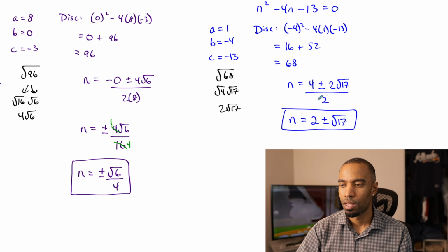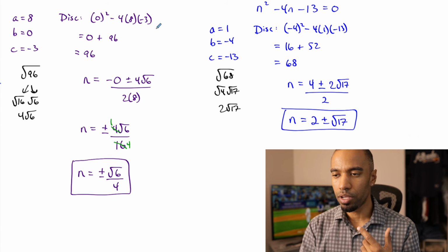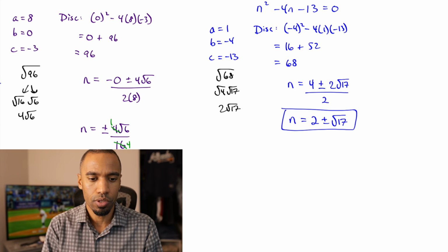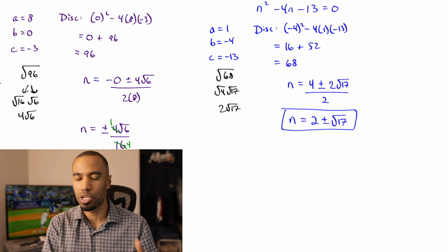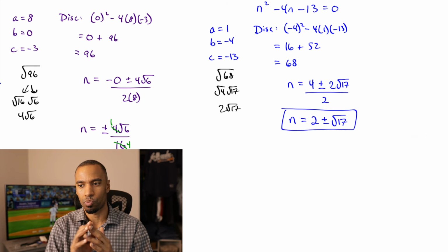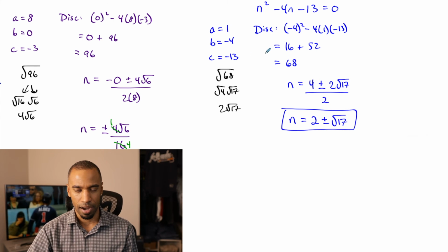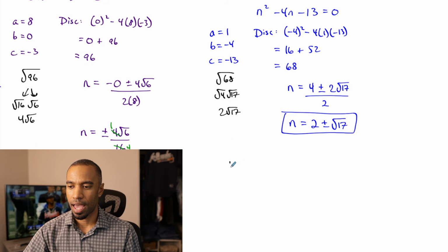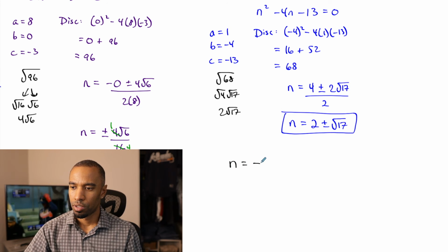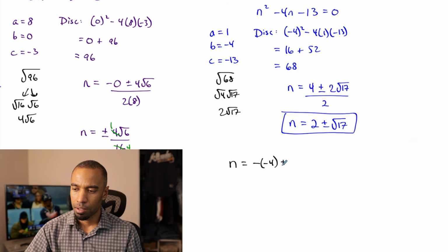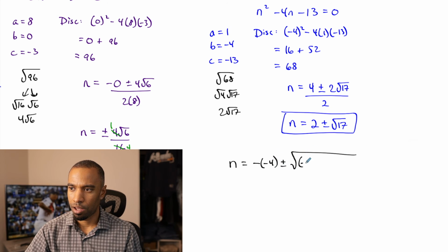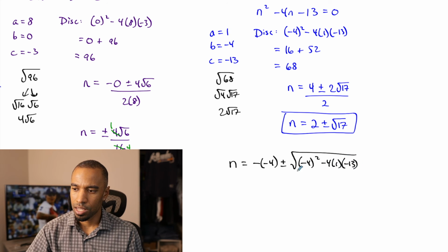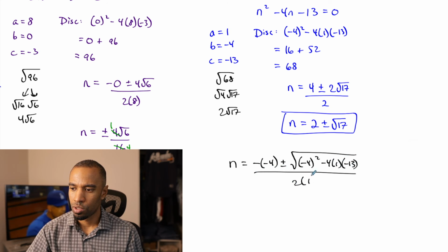That's the answer. Now, before I do the completing the square version, let me show you what you might be doing. If you do the quadratic formula the way that it's, I'm not going to say the way that it's intended, but with you plugging things right into the formula before you do the discriminant and everything else, here's the work you'd be doing. You'd say, okay, n equals negative b plus or minus the square root of b squared minus 4ac all divided by 2a.